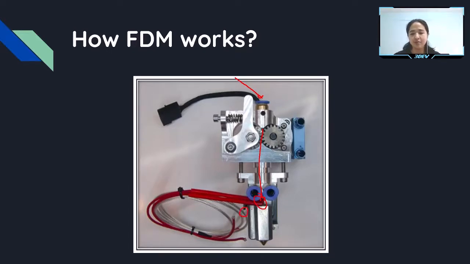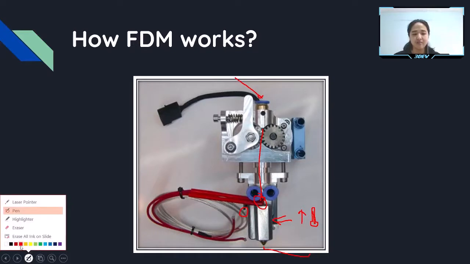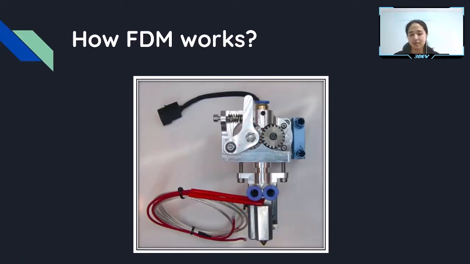Once your nozzle, the heat block over here, reaches a certain temperature that you want, it will start melting the filament and pushing out the filament. So that's basically how FDM works.